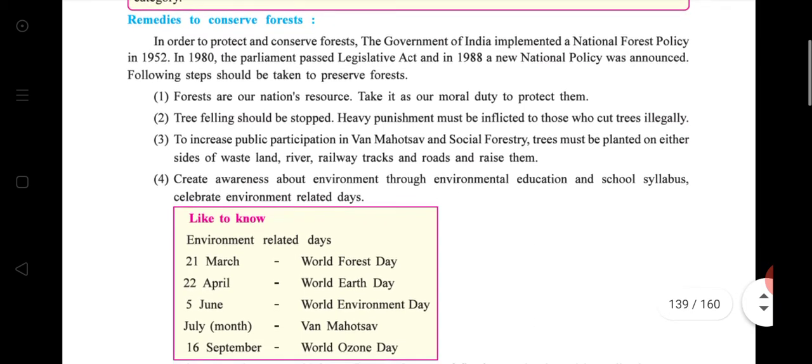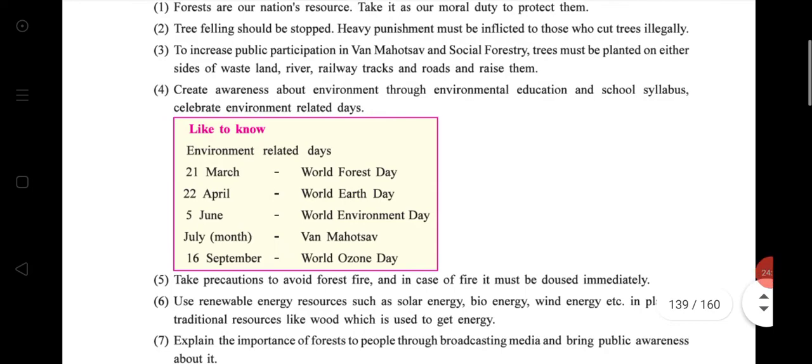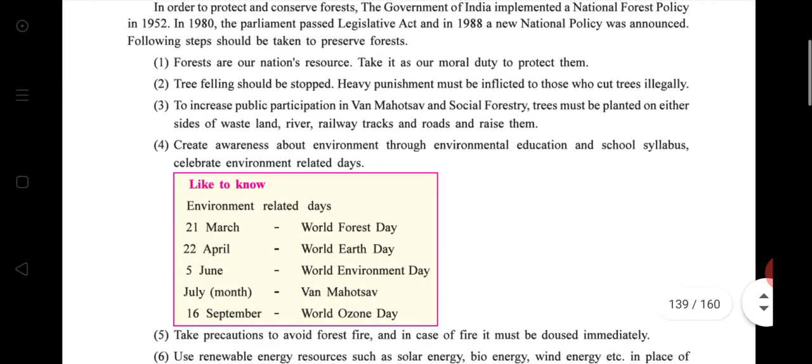Again, your turn. Please read, students, and learn these environments and environmental days. Okay? Just read all the 7 points and learn this table. It is very easy.